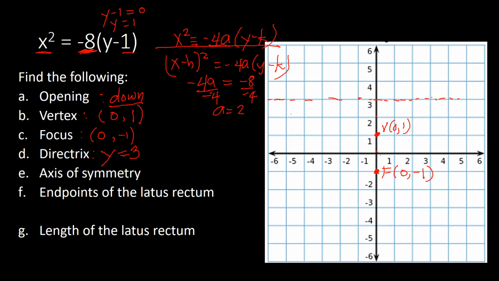Next, let's go to the axis of symmetry. The axis of symmetry passes through our vertex and focus, and this divides our parabola into 2 equal, or identical, parts. So we are to draw a line passing through our vertex and the focus. And this will be our axis of symmetry. Now, the axis of symmetry here is identical with the y-axis, because our vertex is at 0, 1.